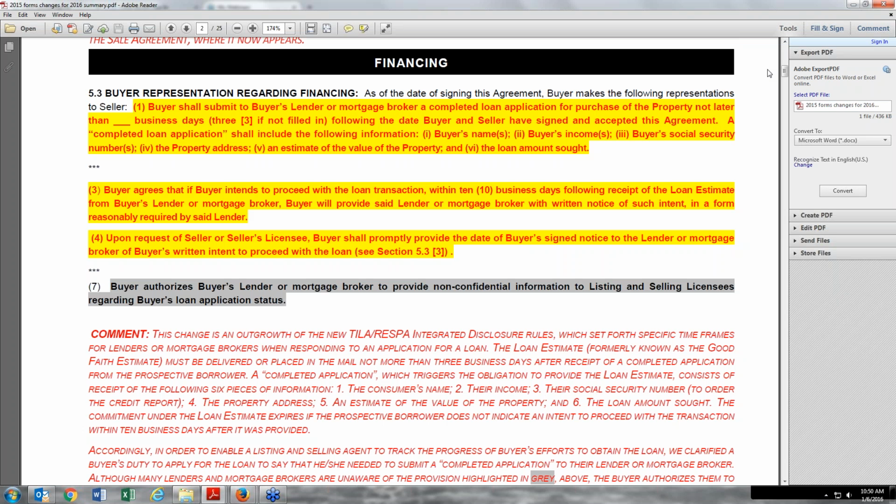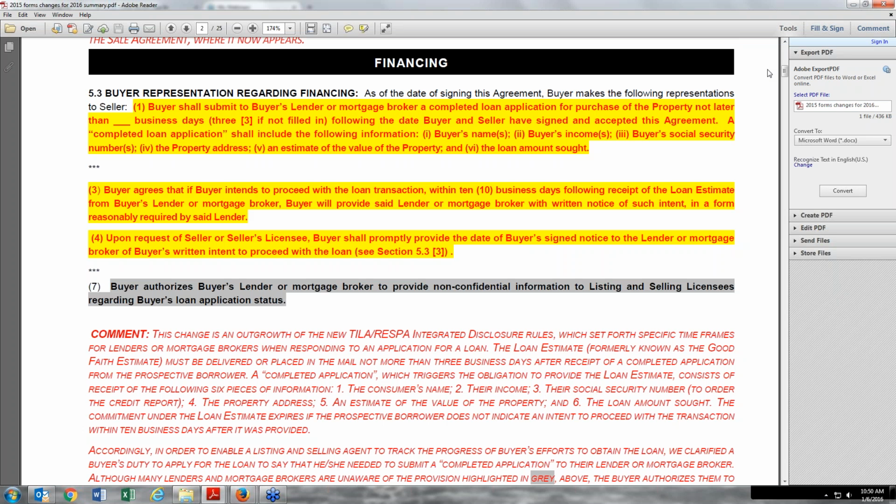Now you'll see in number 7, it's gray. I highlighted that in gray because even though it's not new, I have experienced at least a couple of different discussions with mortgage brokers who indicated that they didn't actually realize that they had to share information with the listing licensee.